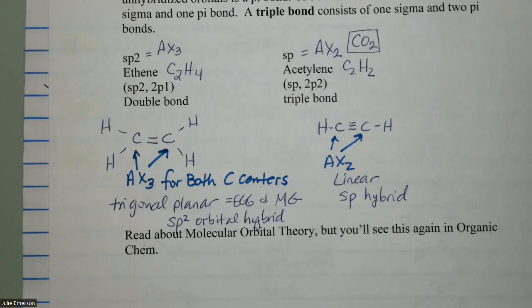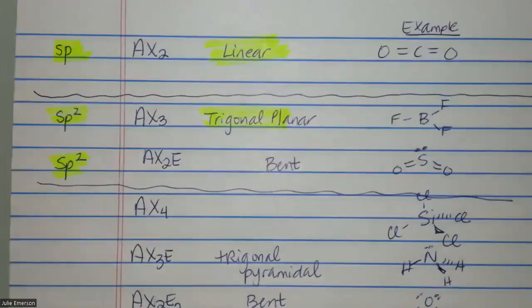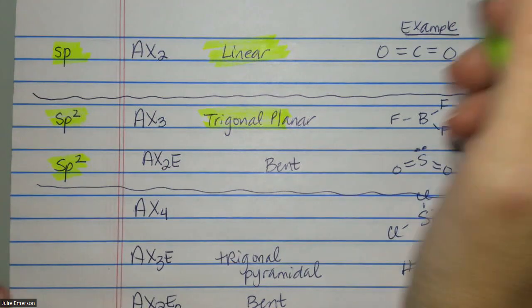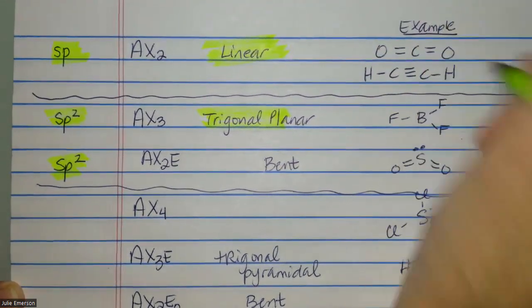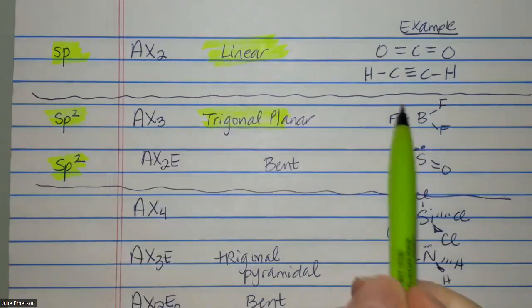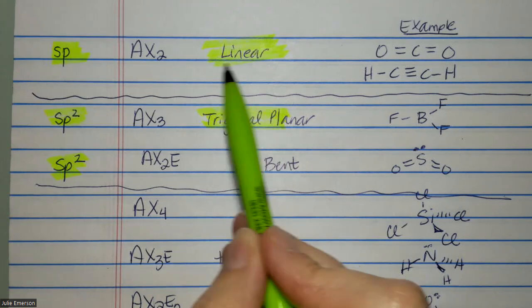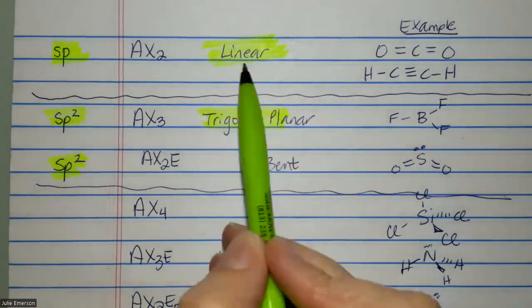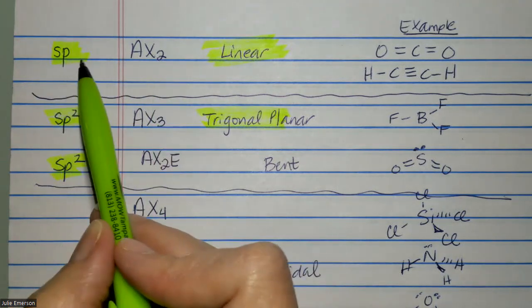So now what I'm going to do is go back to that chart. Okay, so I think we might be able to get this done before we're done today. So as we were just looking at, the acetylene, the CO2, those are both examples of the carbon center having an AX2 linear geometry. And that means linear, because we only have two bonding sites, is going to be sp.